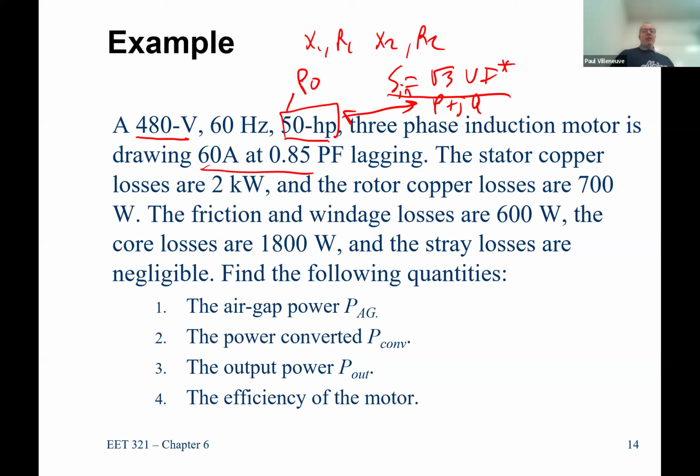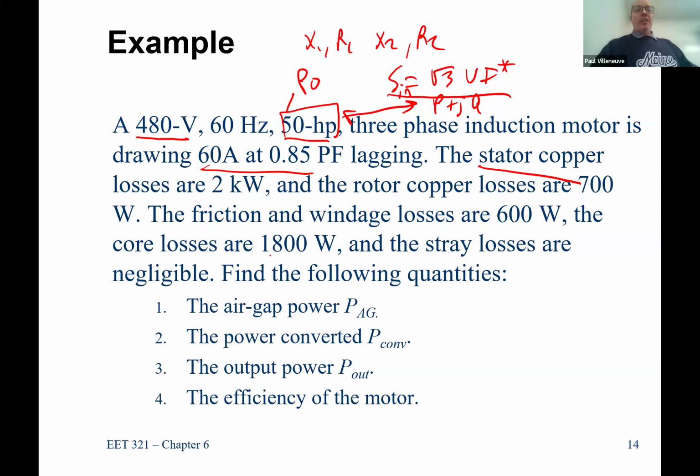Then I'm going to take out stator copper losses, right? And that's going to get me my air gap power. And then that power has to have its rotor copper losses subtracted. Now it's mechanical power. Now I take out friction and windage.